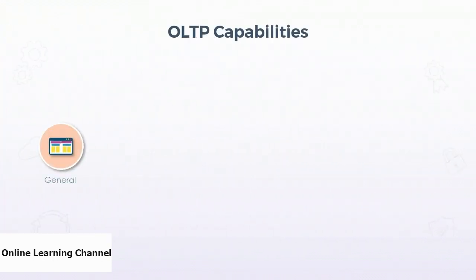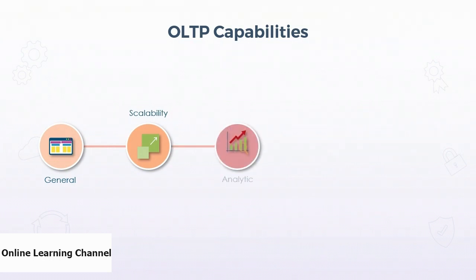So what do we need out of an OLTP system? We need the general capabilities of any OLTP system. We need to track our transactions and store our transactions in a secure manner. We need scalability. We need to be able to scale up when demand needs it and scale down when we don't. We need analytics.